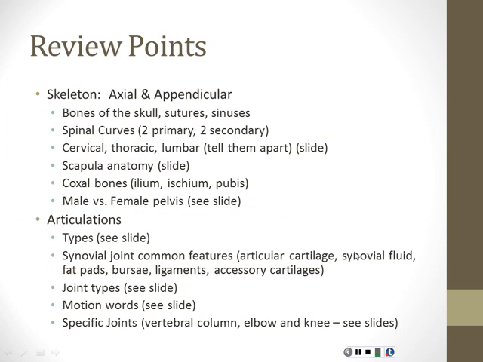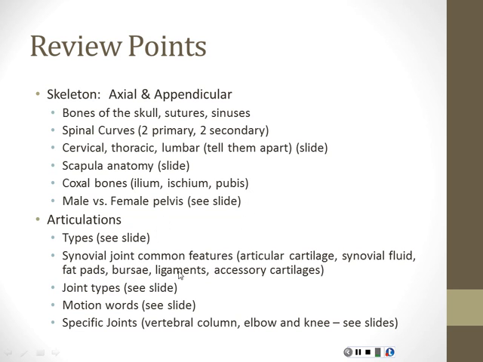It keeps everything nice and lubricated. The fat pads are adipose tissue that sort of packs in and around a joint to allow it to move, but also be protected on the outside. Bursa are fluid-filled sacs that allow things to slide across each other, basically.